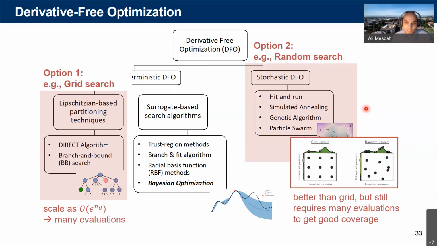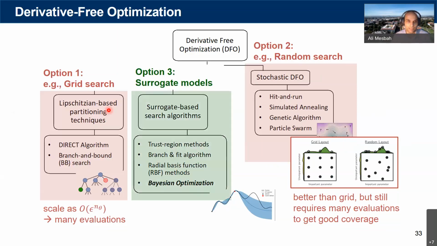And obviously, we also have deterministic surrogate-based search algorithms, one of which is Bayesian optimization, or BO in short, which really strives to learn a surrogate model for the objective function and constraints, and then using this surrogate model in combination with some acquisition function, we want to actively learn the decision variable.